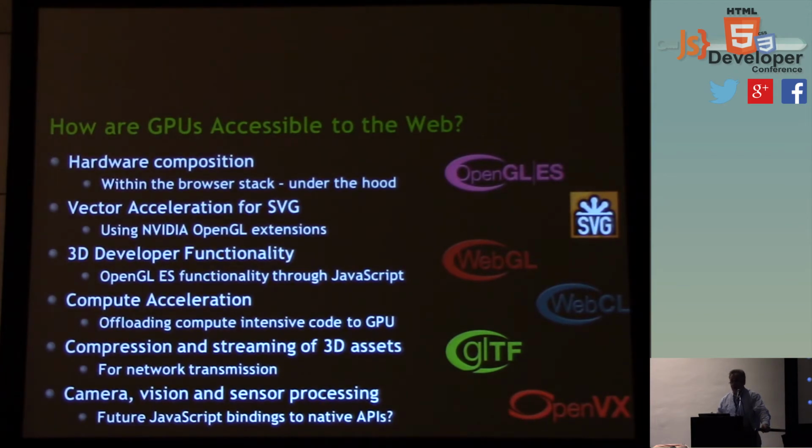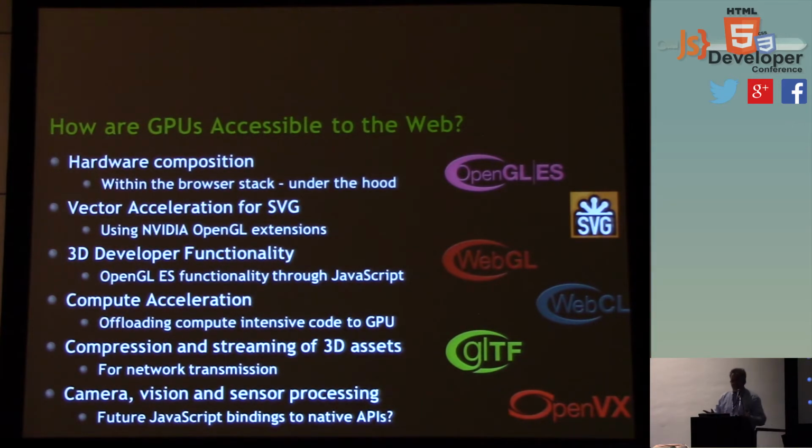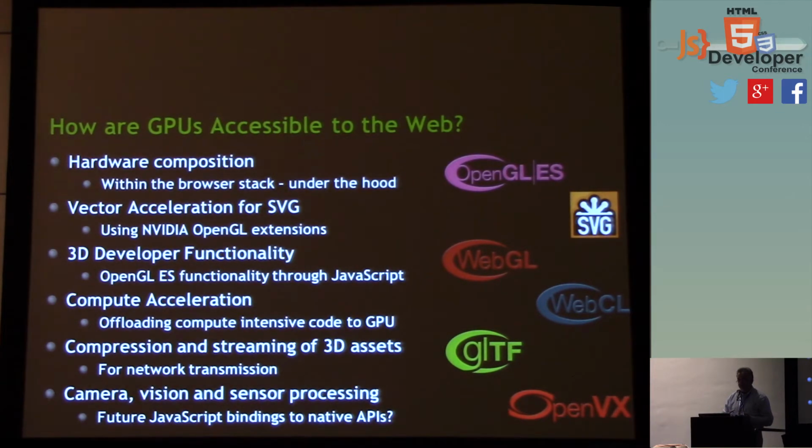So how are these GPU capabilities being made accessible to the web and to web developers? Well, there's actually quite a diversity of different approaches and techniques and perspectives that are coming to bear here. First of all, the browser vendors themselves are increasingly using the GPU for their internal composition and rendering stacks.